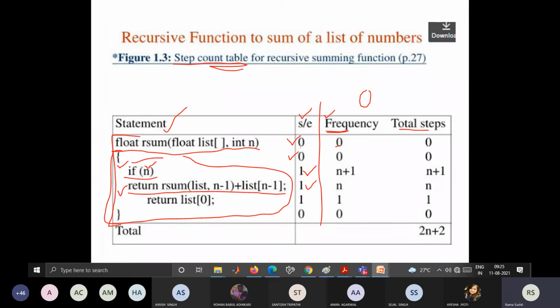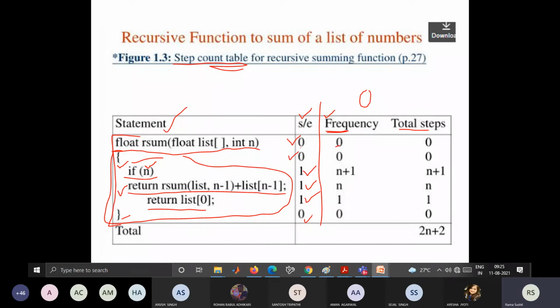Now in total, how many times this statement will execute, we will see in the frequency case. Next one is return the list. This will also execute 1 time, and the count for this is 0. Now we have to look at the frequency, how many times it will execute.